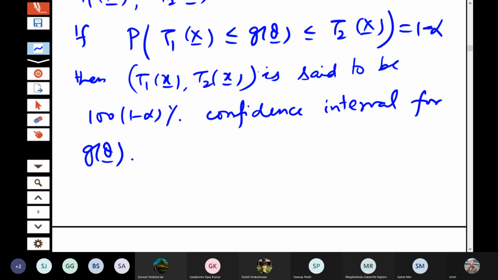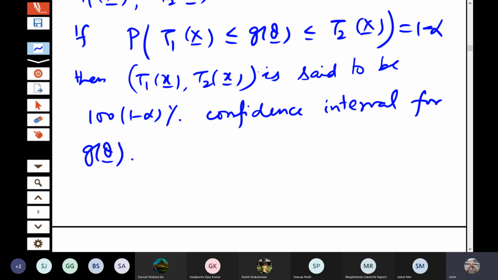So the problem of finding the shortest length confidence interval became a major statistical research issue. And it turned out that if we can find the most powerful test, the uniformly most powerful test, etc., then the same procedure actually gives you the best confidence intervals also.